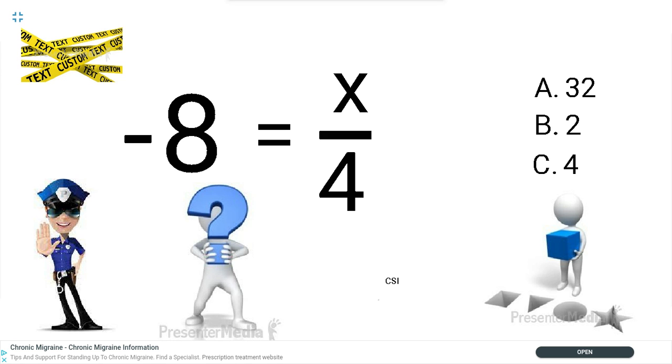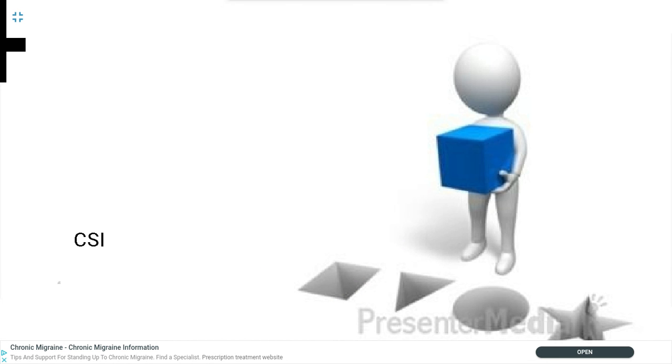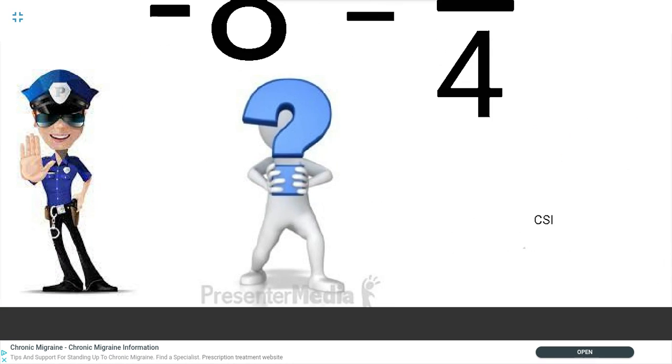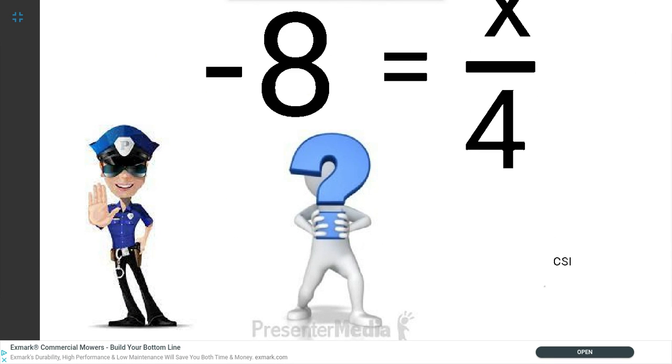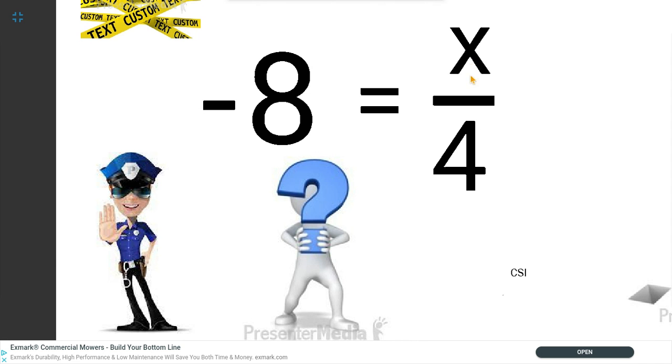So as we can see here, this man over here is putting the blue box into the right shape, which is the square hole. So he's figuring out which one is which. The man over here is hiding his identity, and that relates to this X letter over here, which I think you call a variable.